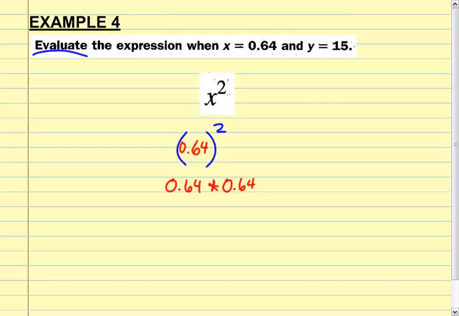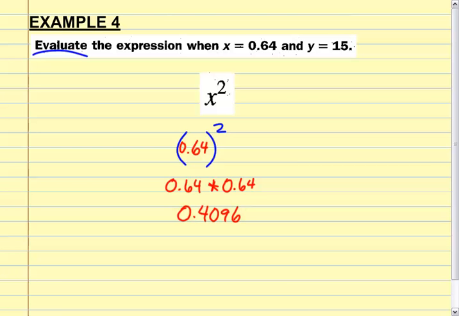Now that I've given you a moment, will you go ahead and tell me what that is? 0.4096. Is that right? Yes. Everybody happy with that? Didn't ask us to round it, so I don't want to round it, do I? No.